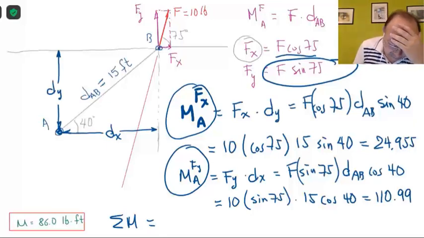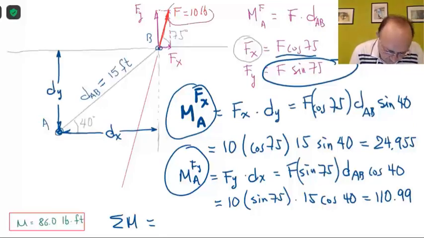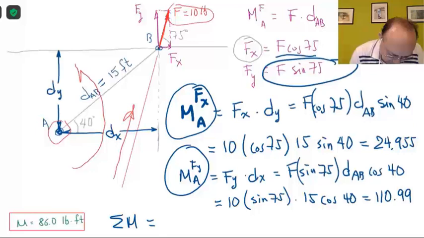If we take a look at the moment that the force F produced with respect to point A, remember at the beginning of the discussion today when we saw the short video, the guy talked about some kind of rotation. The moment is some kind of concept of rotation of the force produced with respect to a point. If you think about this force trying to make point A rotate, it's going to try to make a rotation in this direction, right?